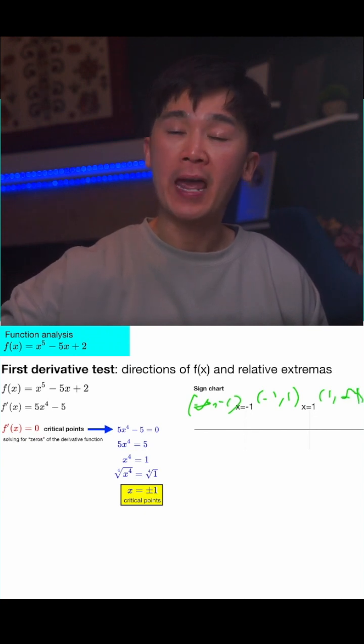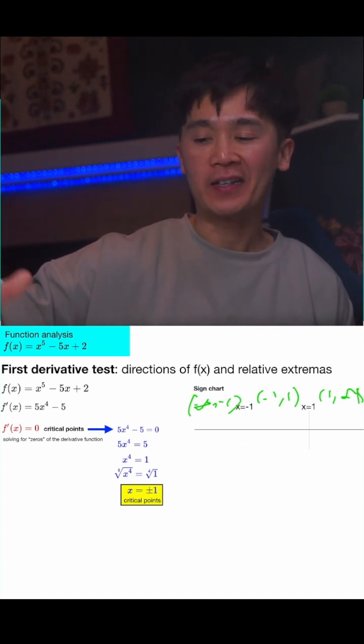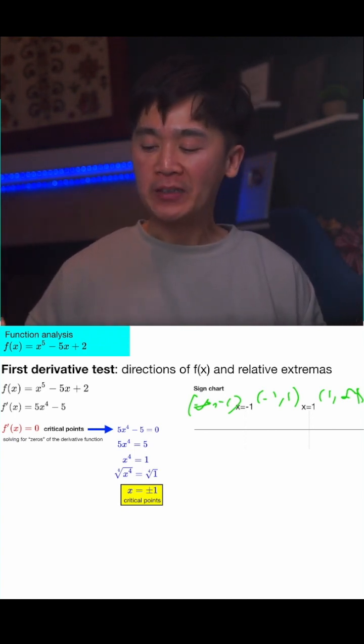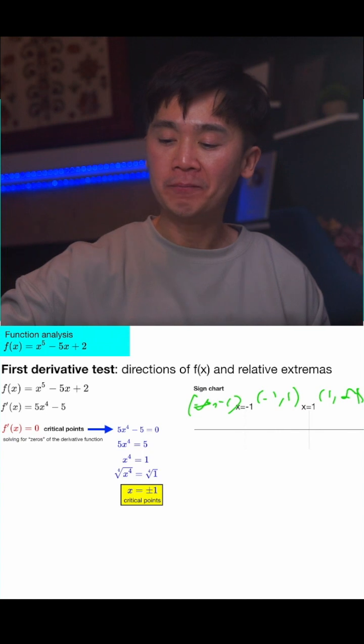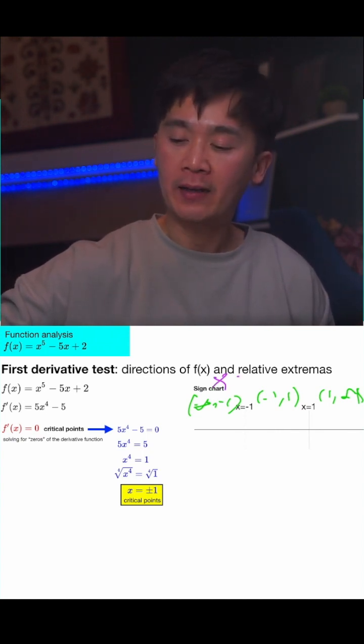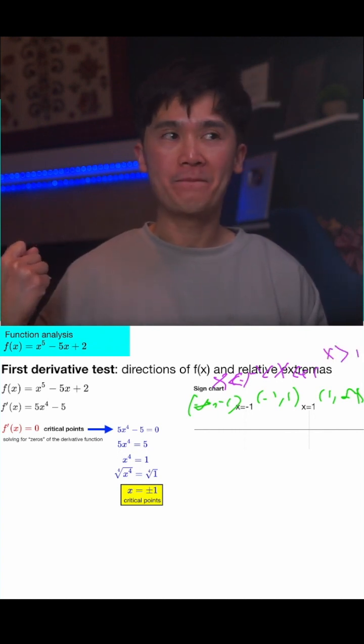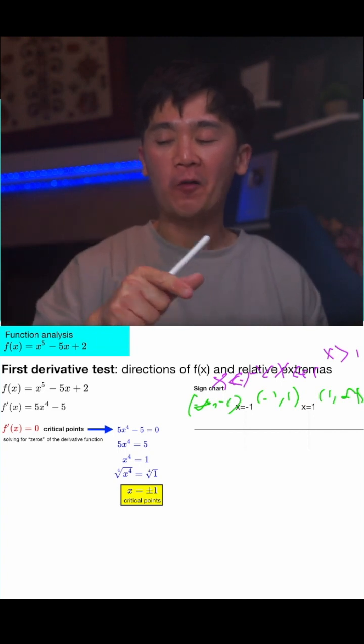And again, forgive my handwriting because I'm trying to be careful not to touch my screen so that it won't crash. But you can also write the intervals like this: x less than negative 1, x in between negative 1 and positive 1, and x greater than 1. A little ugly, but you know what I mean.